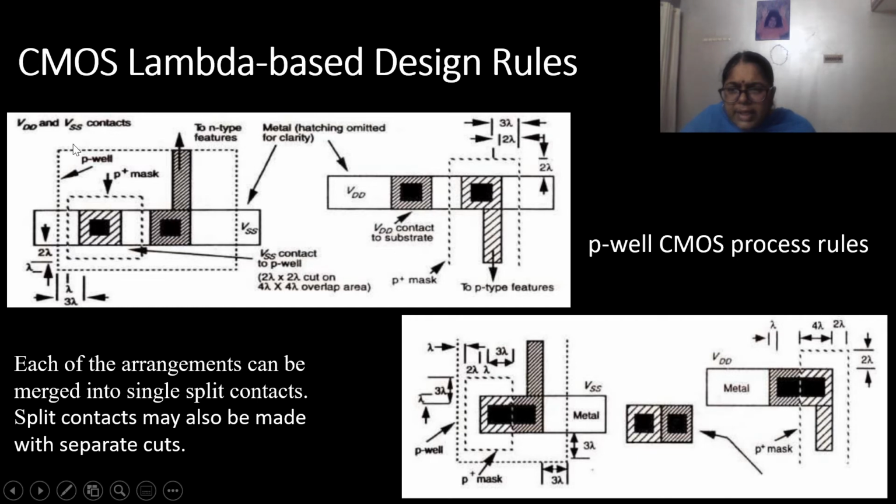And we have the spacing between P-well and the contact. Here you can see a contact which is made between the P diffusion and the metal. The minimum spacing should be 3 lambda. Spacing between P plus mask and P-well minimum should be 2 lambda.